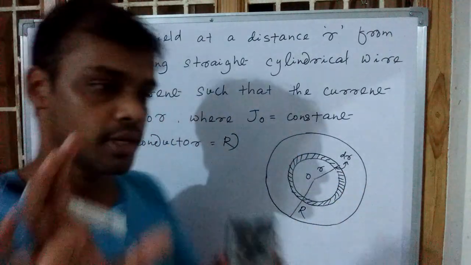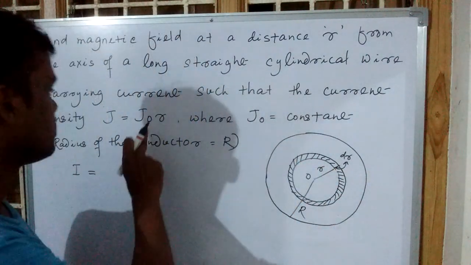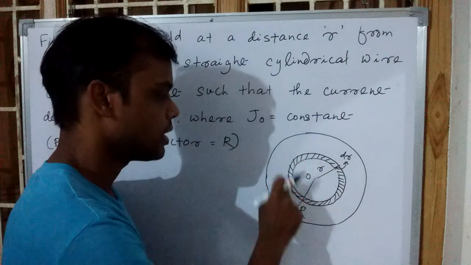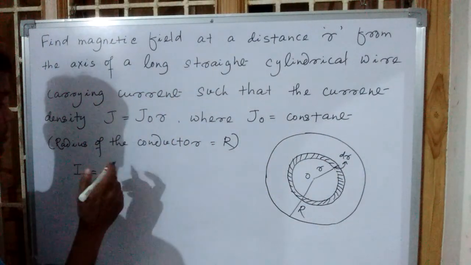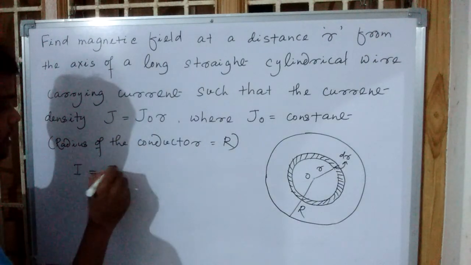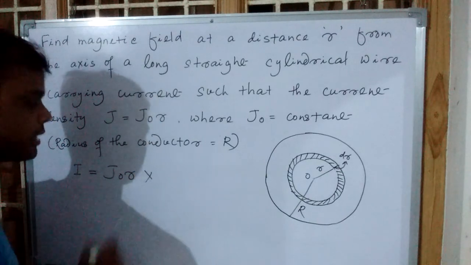Current density into area is nothing but current. Current density here is J naught r. But what is the area? You have to first find out the area. So I is equal to J, that is J naught r, into area.